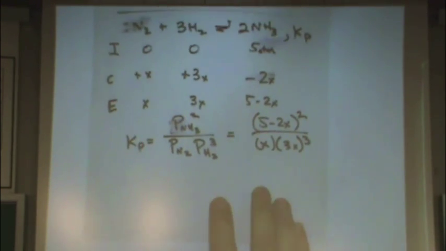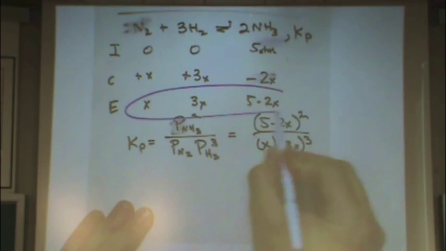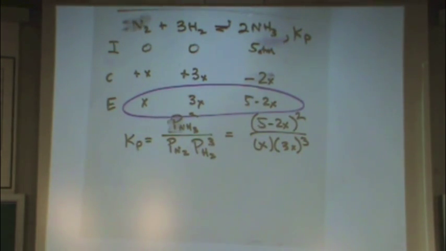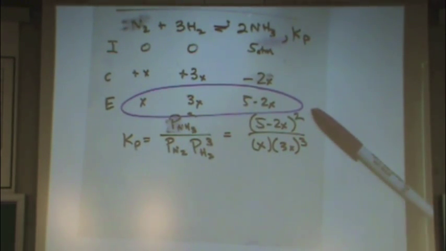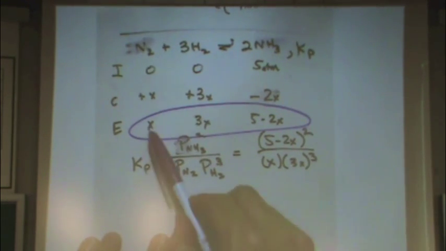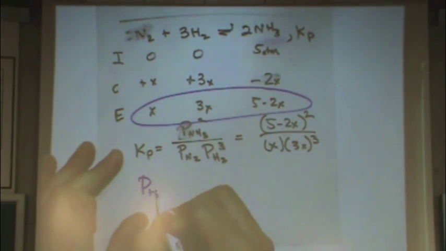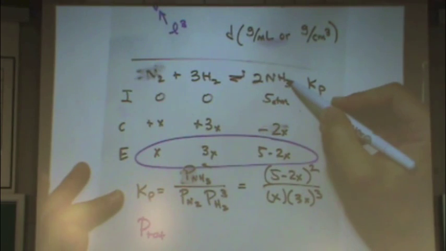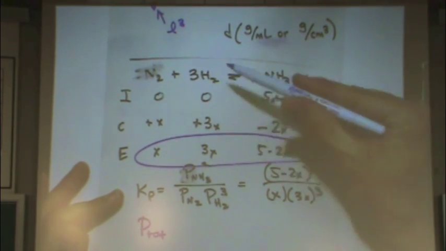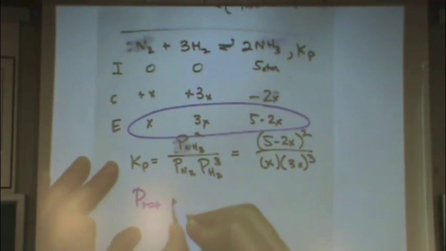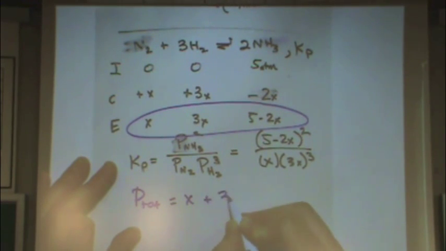Now, one more nuance about this. Take a look at this line right there. One question we often ask when it's a KP problem is, what's the total pressure at equilibrium? The total pressure is the sum of the E line. So if we ask you that, P total is the partial pressure of NH3 plus partial pressure of H2 plus partial pressure of N2, which is just the bottom line.